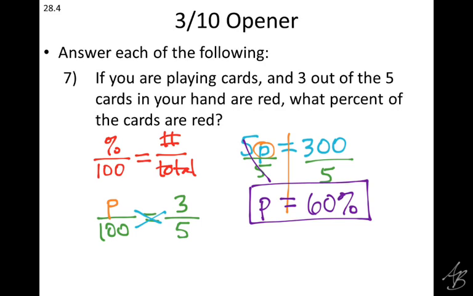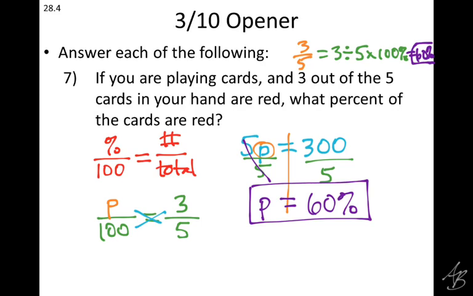So from the very beginning, rather than setting up this proportion, for this particular problem we could say, hey, that 3 out of 5 is just 3 over 5. And then we change that 3 over 5 into a percent. To change that to a percent, we would do 3 divided by 5, and then times 100%, and that gives us 60%. Gives us the same answer.